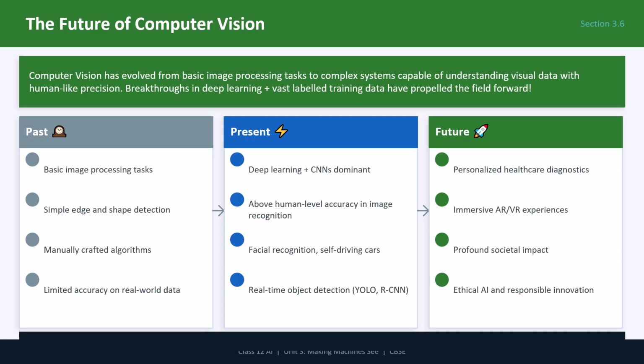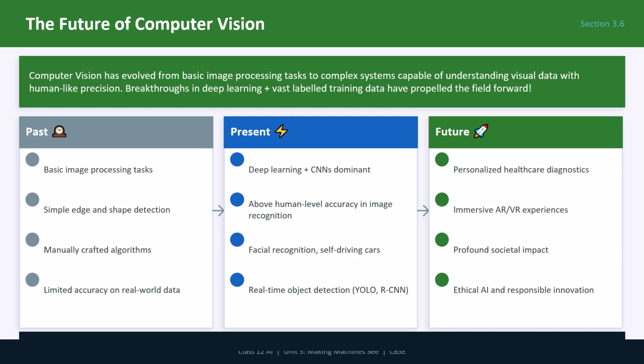The breakthroughs in deep learning, combined with vast amounts of labeled training data, have completely transformed the field. Look at the future. We are talking about personalized healthcare diagnostics, where AI analyzes your scans better than any doctor. Immersive AR and VR experiences, fully autonomous vehicles navigating complex environments.